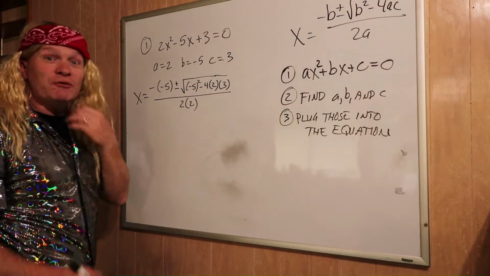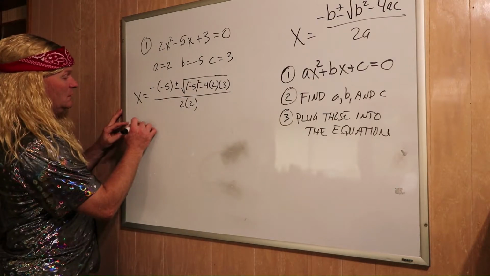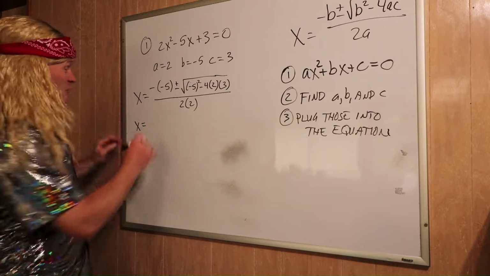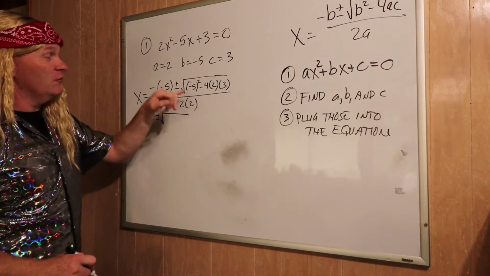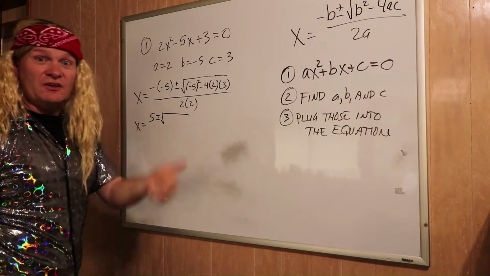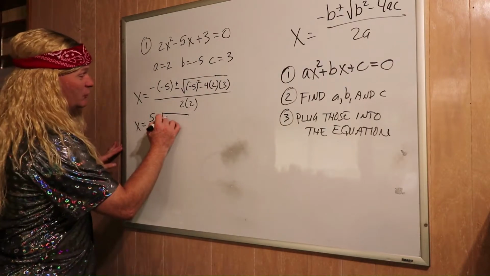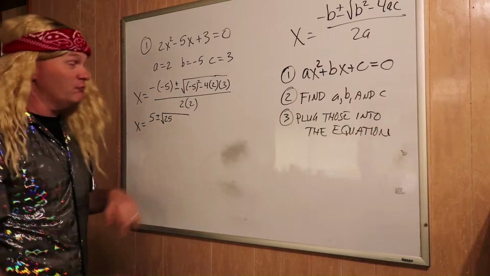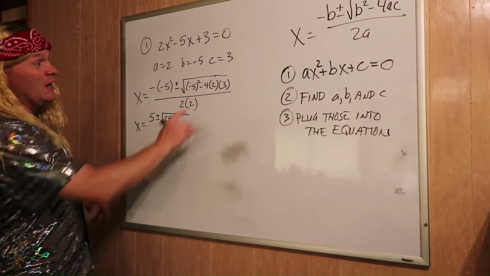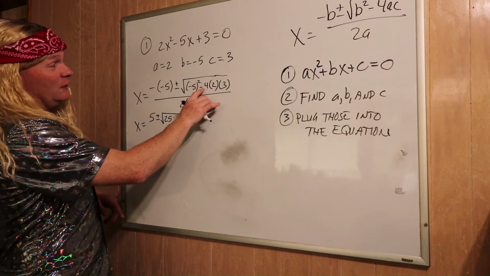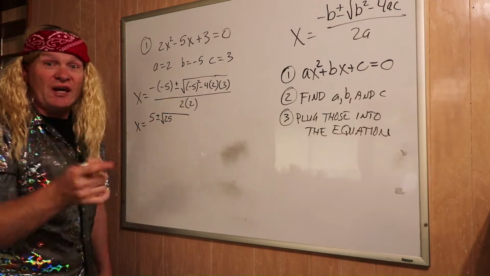Now I'm going to start simplifying this as much as I can. Let's see, negative negative 5 is the same thing as positive 5. Negative 5 squared is negative 5 times negative 5, which is positive 25. Remember, when you square a number, it's always going to be positive. And then we got, let's see, negative 4 times 2 is negative 8.